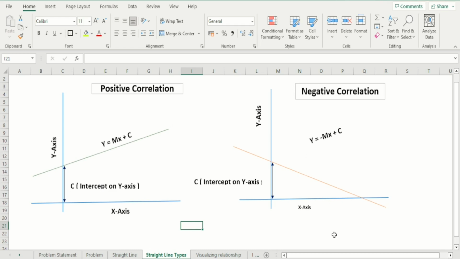On the right hand side, what you have is an example of a negative correlation. So this is the type of correlation where when x increases, y will decrease.